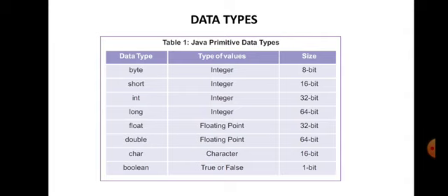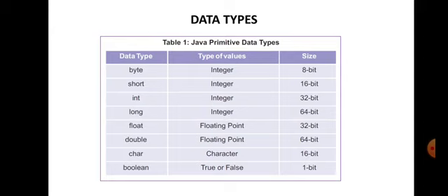Now this size is nothing but where the data is going to be stored. It has to be stored in some common location. So the storage size is given as 8 bits, 16 bits, and we will see how this storage is understood. A bit, or binary digit, is the smallest unit to measure memory. 1 byte is equal to 8 bits.